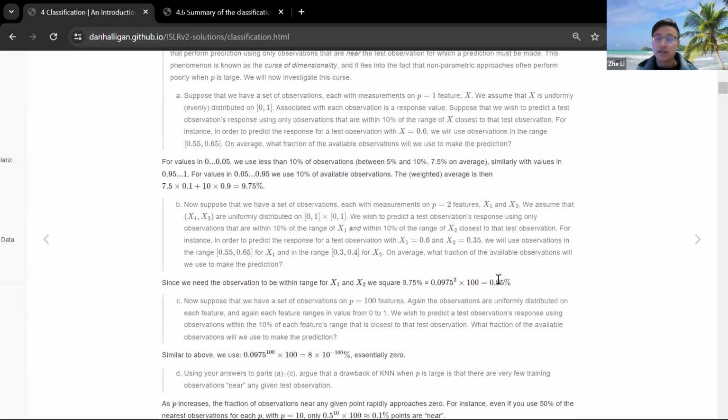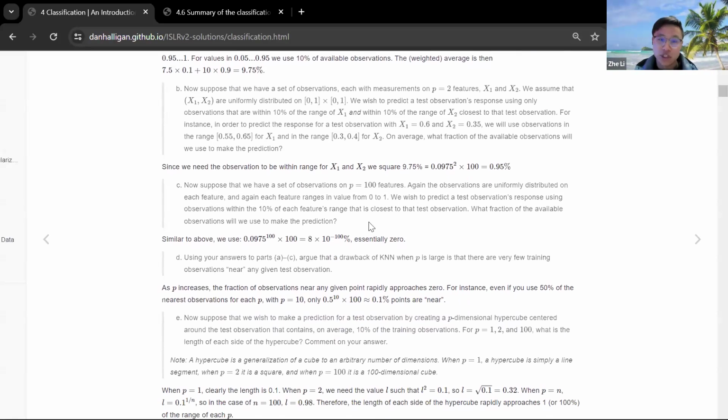So if we just choose to capture a length of 0.5 on each axis, the coverage we can capture shrinks exponentially. It almost shrinks to 10% of the range that we could capture when the case is just one-dimensional. So we can see there's a huge loss in this situation when we have more features to predict.